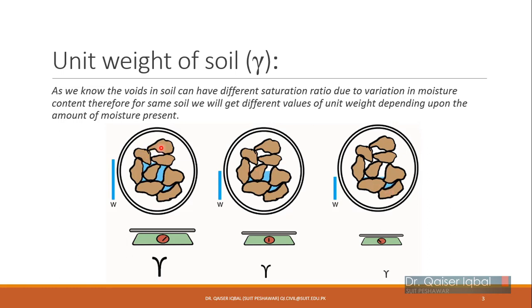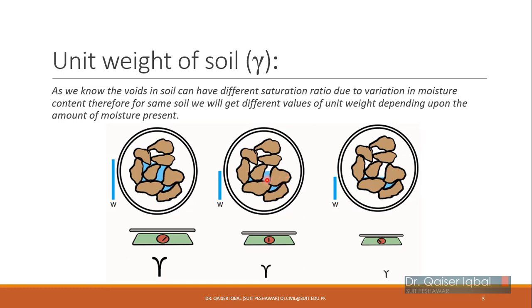Now if the voids are filled with water, because water obviously has weight, the total weight will be equal to the weight of particles plus weight of water. In this case the unit weight of the soil will be more, because weight divided by volume, the volume is the same but the weight is more because of more water.